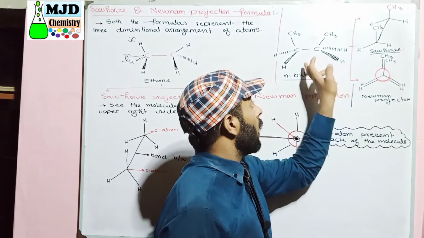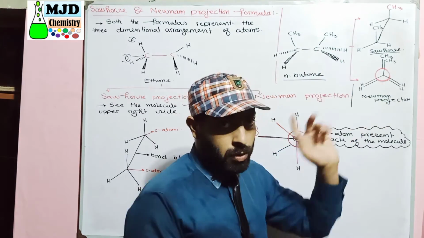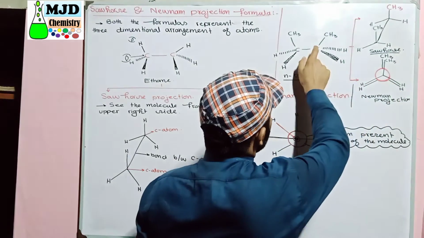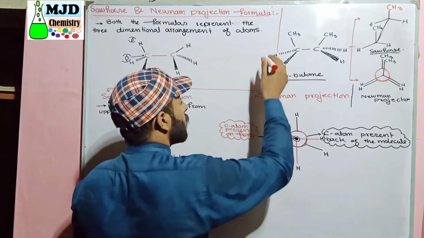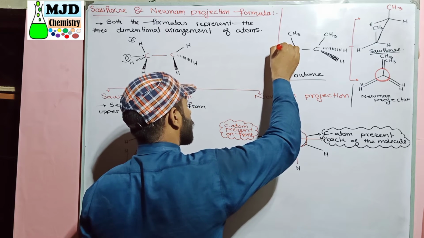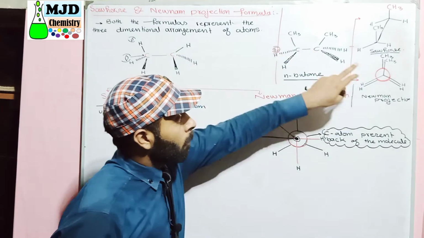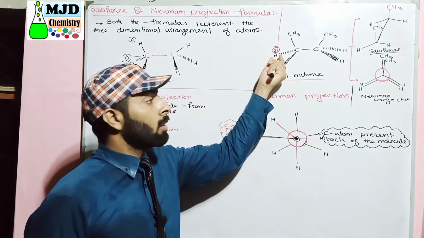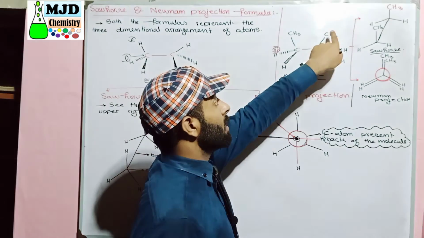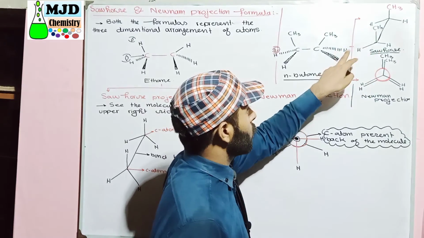When we write the Newman projection formula of this n-butane, first of all we draw a circle. Here a red circle represents the back carbon atom. When we observe the molecule from this direction, the back circle represents the back carbon atom, this carbon atom. When we look at this carbon atom, the CH3 is present above. So we write CH3 above and 2 hydrogen atoms below.